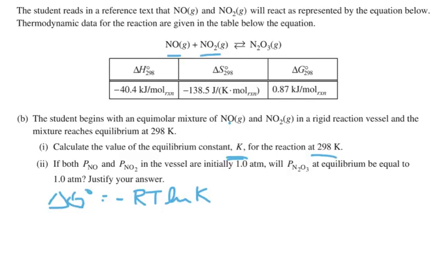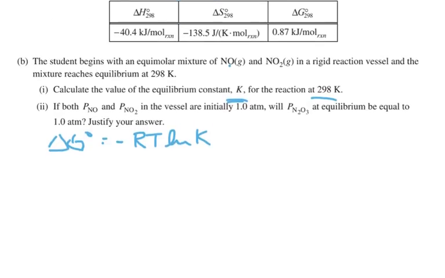So our first job is to solve for K. The natural log of K is equal to delta G divided by negative R times T.